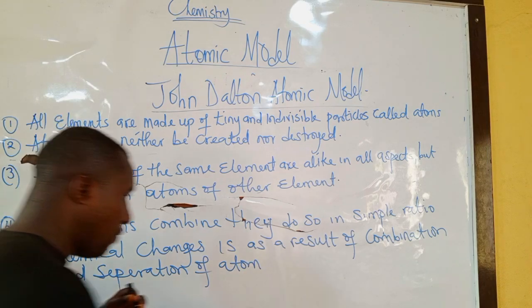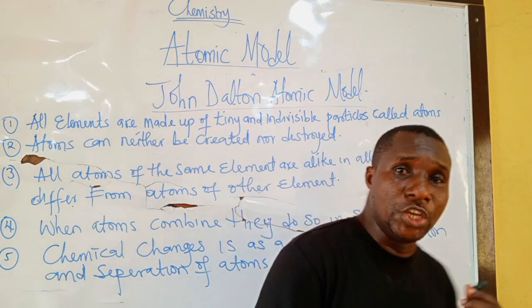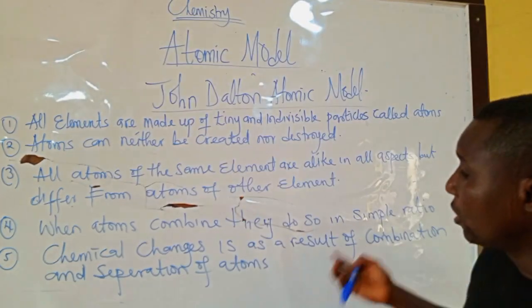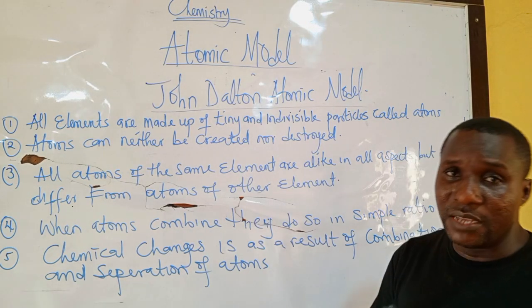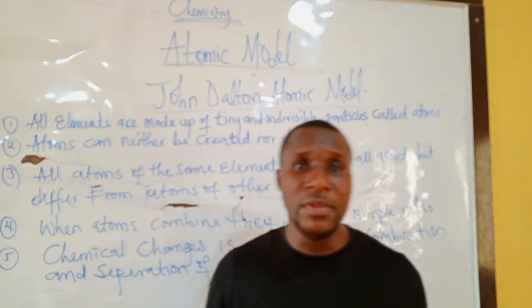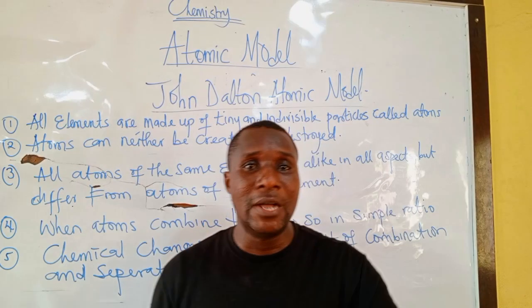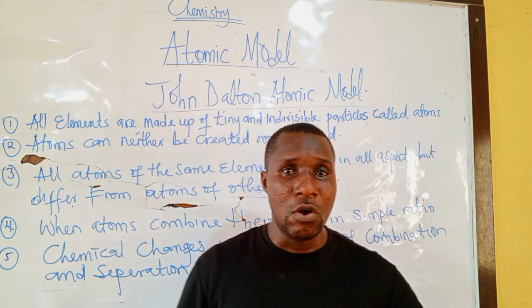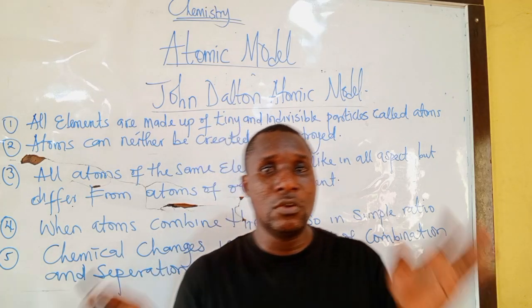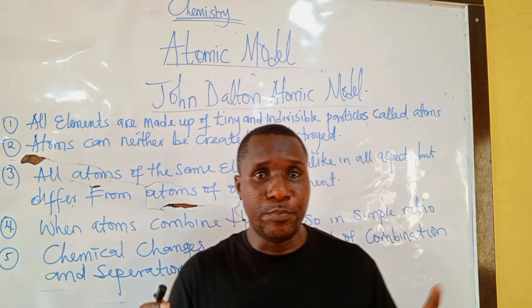That means for you to have a chemical change, it is as a result of what? Combination and what? Separation of atoms. The separation or combination of atoms will bring about chemical change. For chemical change to occur, atoms must combine or separate.